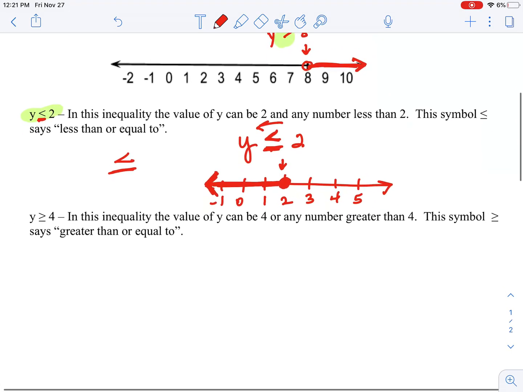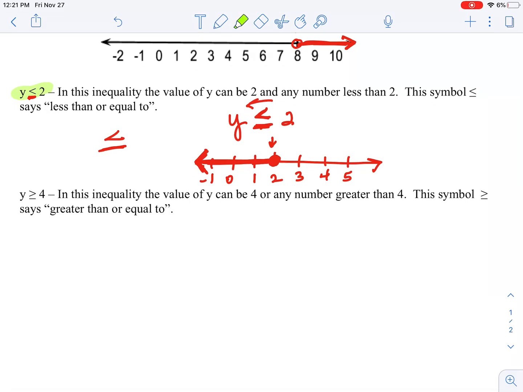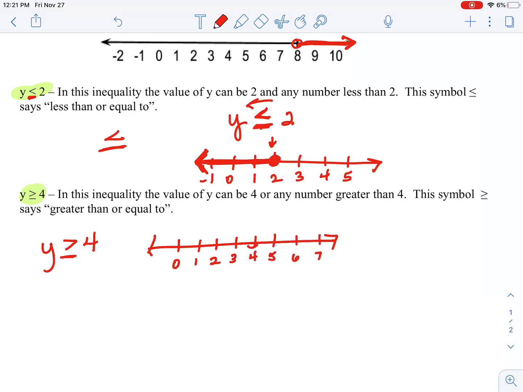Okay, let's look at this next one. Another symbol you might not be as acquainted with. Y is greater than 4, or y can be equal to 4. So this is saying y is greater than 4, or y can be equal to 4. So again, if I wanted to graph my possibilities, this time it would be another closed circle.